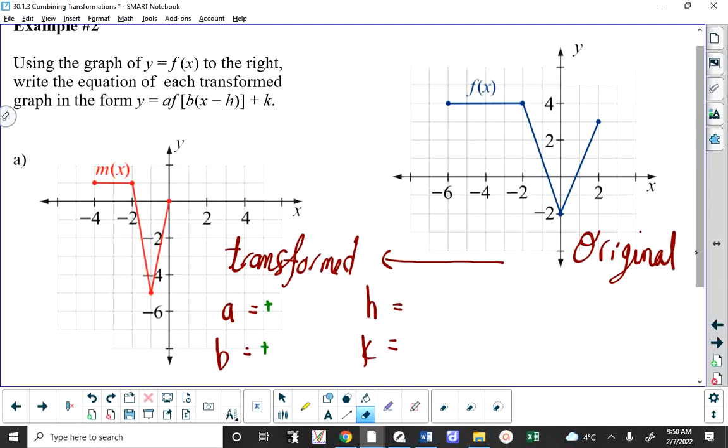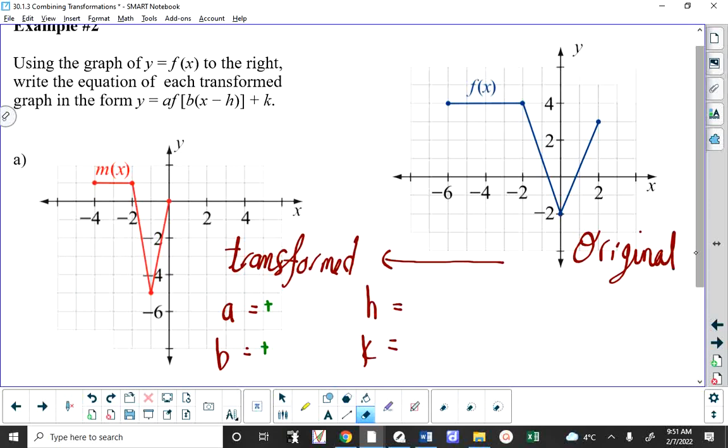So going back to my question, compare the height of the original blue graph to the height of the new transformed graph. I'm talking height, the total distance from the bottom to the top. If it's twice as tall, then A would be 2.